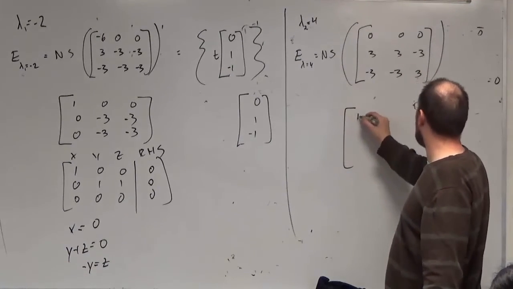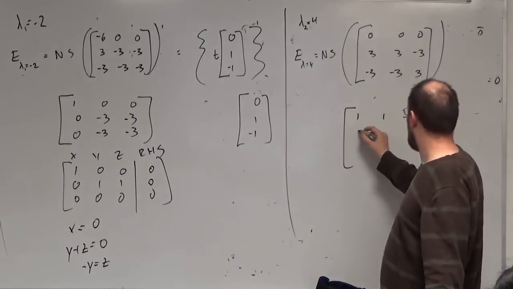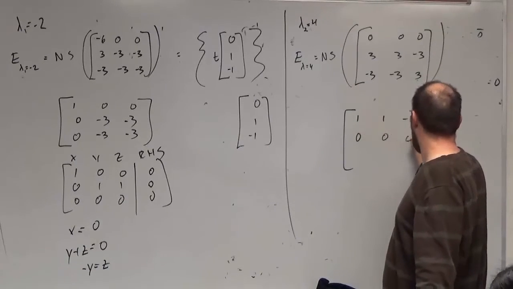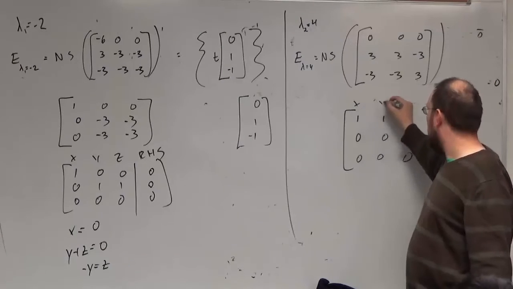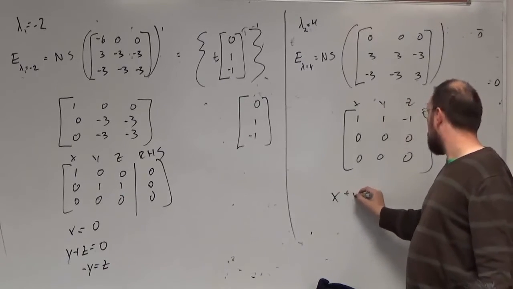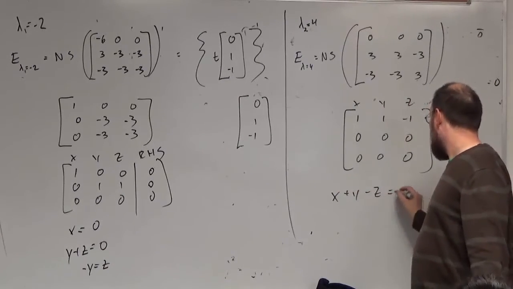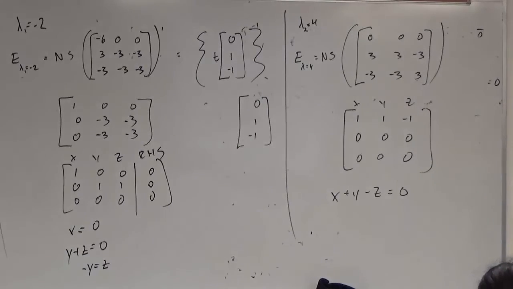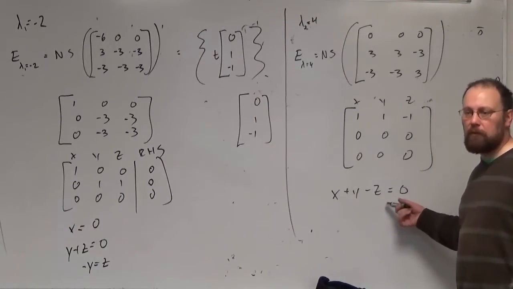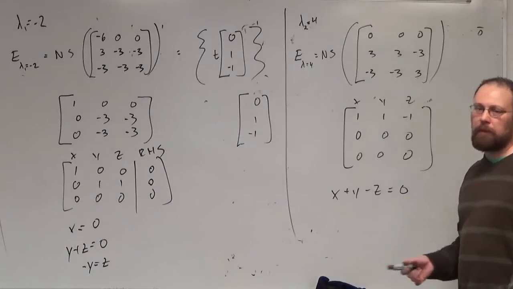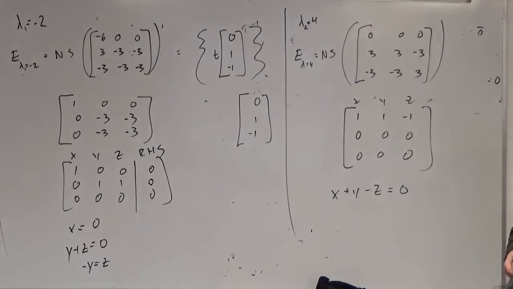Its reduced form looks like this. So this says that x plus y minus z equals 0. Geometrically, what is this in R3? What's the geometric object? It's a plane, and the plane is two-dimensional, right? So it looks like our eigenspace is two-dimensional.